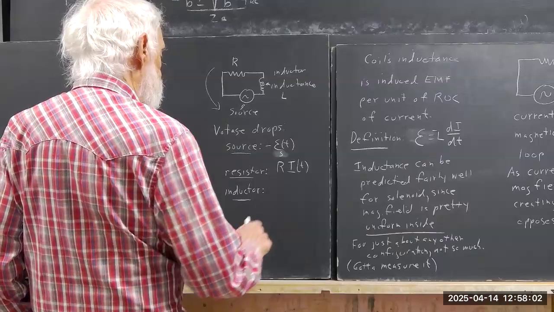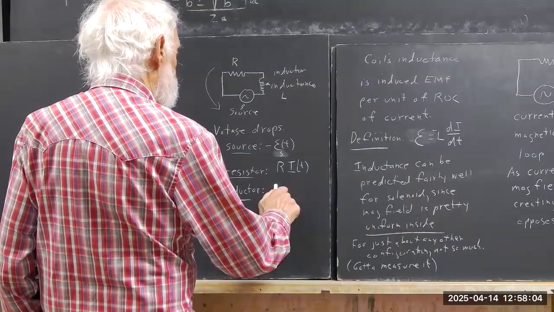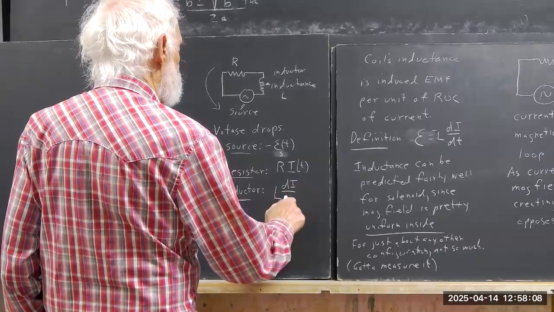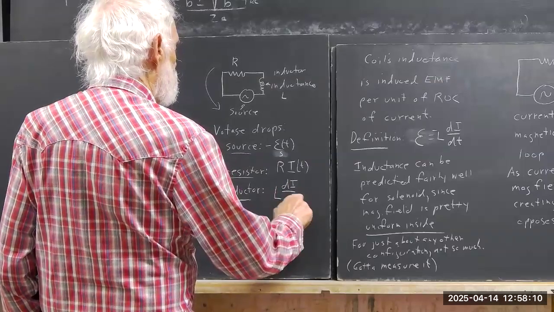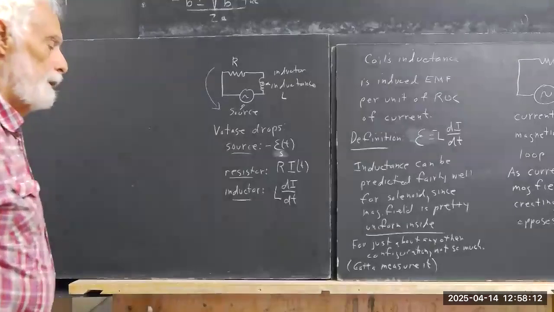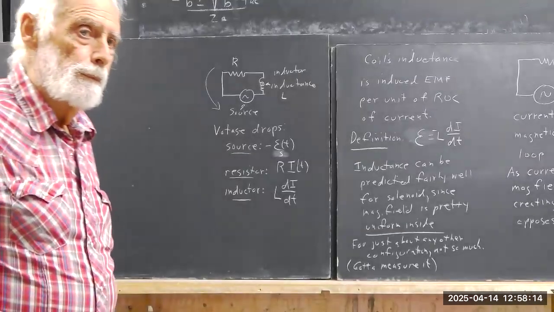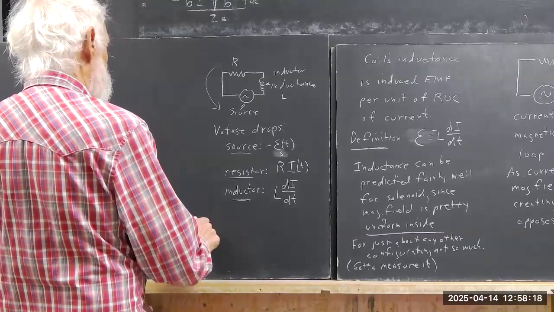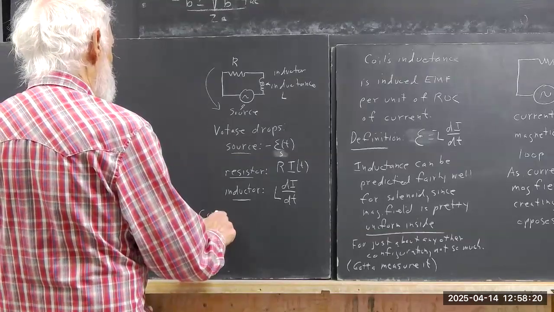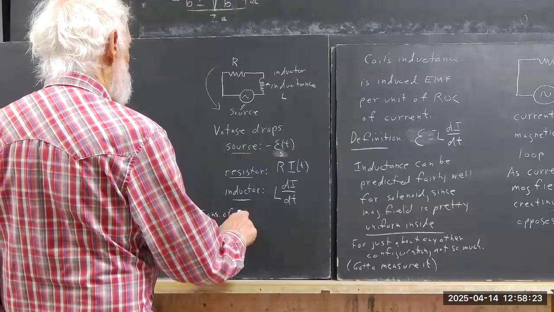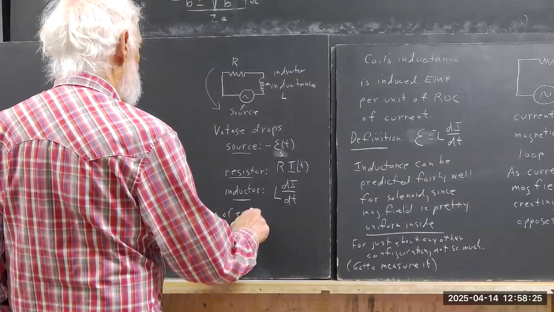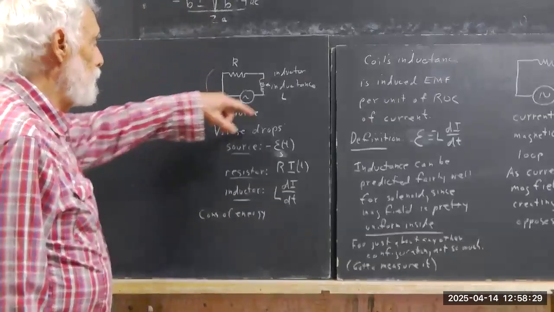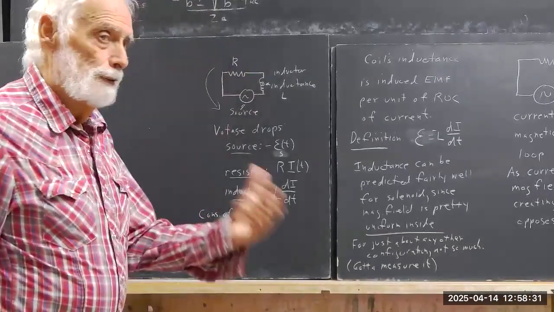Across the inductor, well, L di dt. Conservation of energy tells you that the work done around the loop is zero.